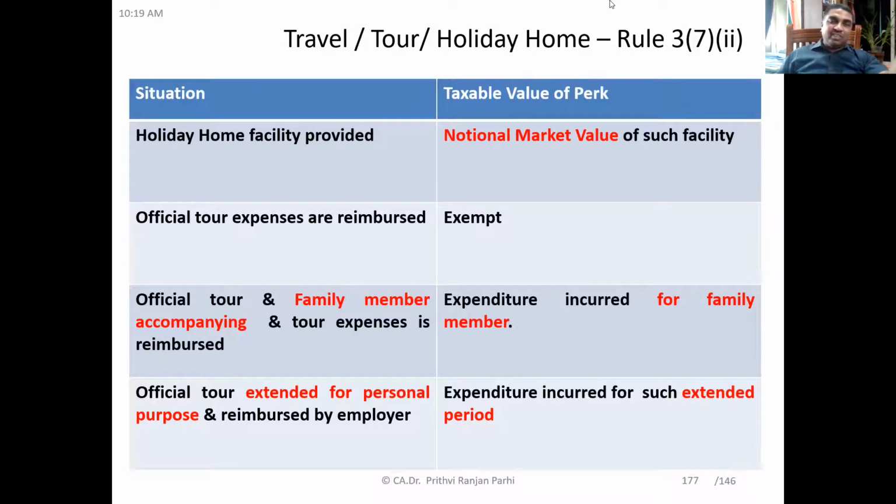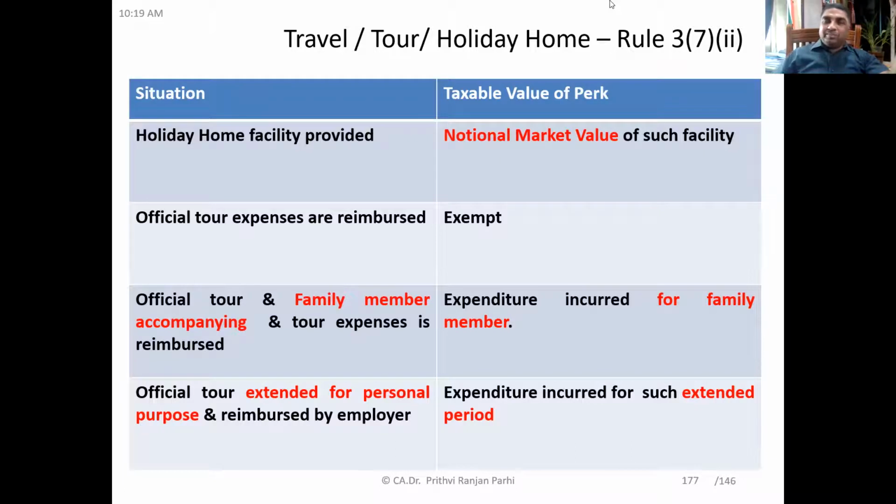Now, next is a typical situation. Official tour, and the family members accompany, and the tour expenditure is reimbursed. Let us say the employee is going on an official tour, but along with him, he is also taking the family members. And the entire tour expenditure, the employee's own as well as the family members' expenditures, is reimbursed by the employer.